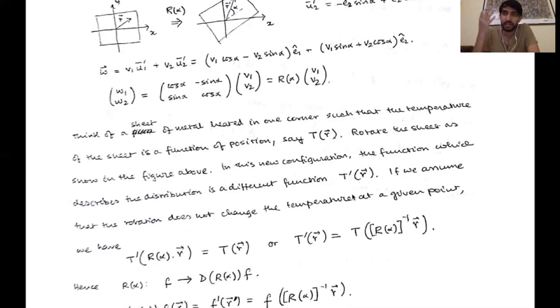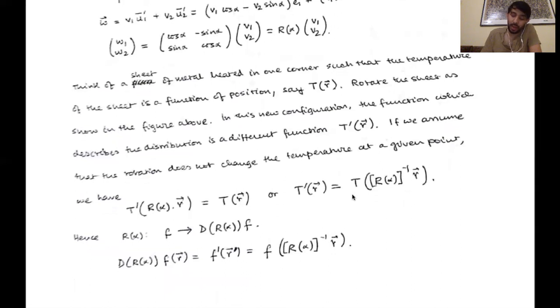So there were some numbers ascribed to each point, and even though the function apparently has changed, the numbers there have not. So what this translates into is T primed at r primed is equal to T at r. So if you want to find T primed at r, you'll have to do this inverse operation here. Okay.